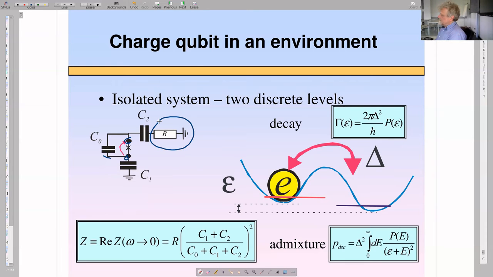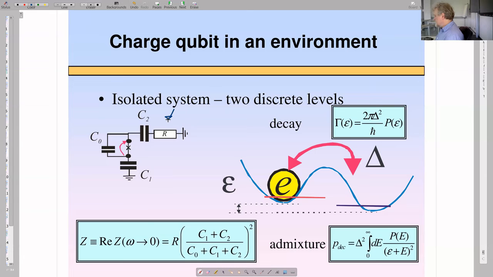In simple words, if you move an electron from one dot to another dot and move it back, you excite some excitations in this resistance. There's some energy loss, and that affects the tunneling rate between the dots.